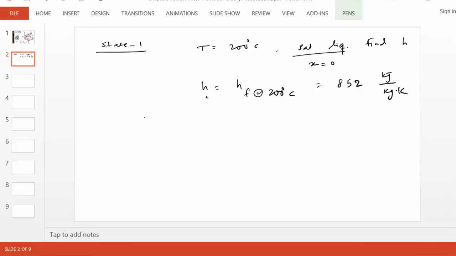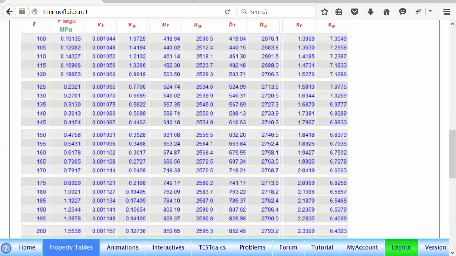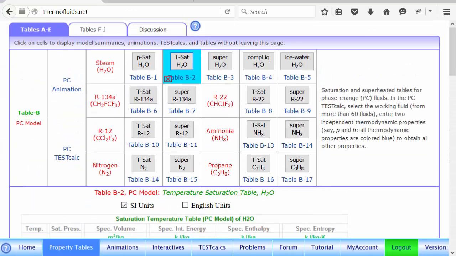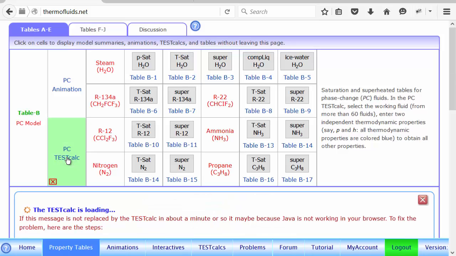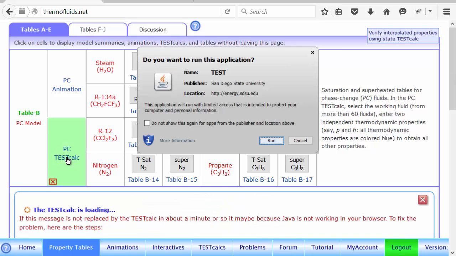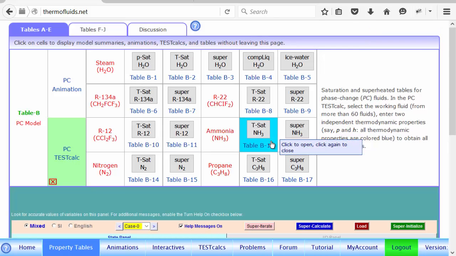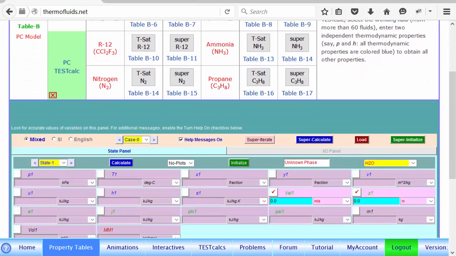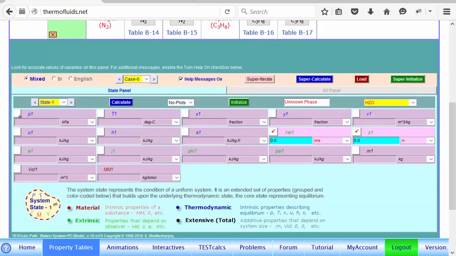We'll go back and verify this now using a test calc to make sure we got the right answer. And test calc can be launched right here. If it is just about finding properties, they're all bundled together. So you click on the PC test calc cell here and the test calc will appear right below. In this problem, we know the temperature and saturated liquid means the quality is supplied, X is 0.